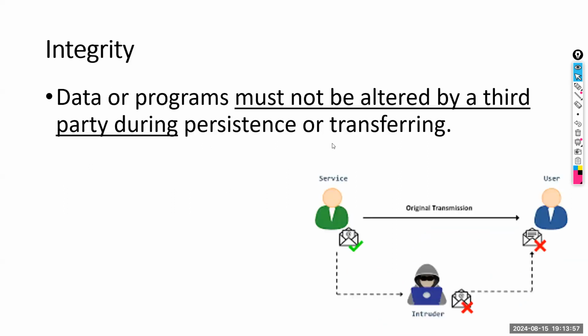The third one is integrity. Integrity means data is not altered by a third party, a vicious party. If you have saved it as ABC, when you access it, it must still be ABC. If you note it as 1 million, that you have given a loan of 1 million rupees, when you look at it again, it must be 1 million rupees, not 0.5 million rupees.